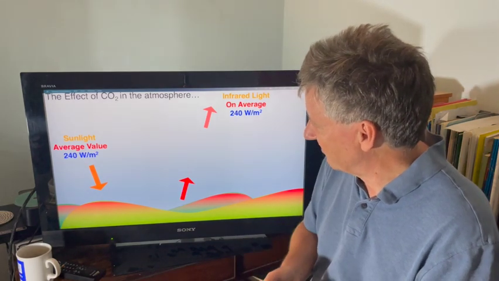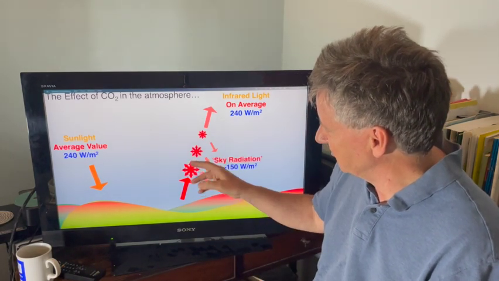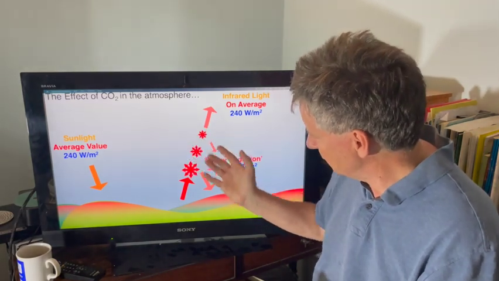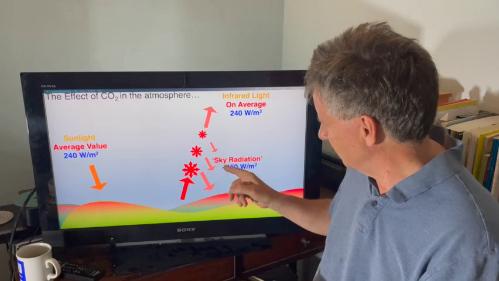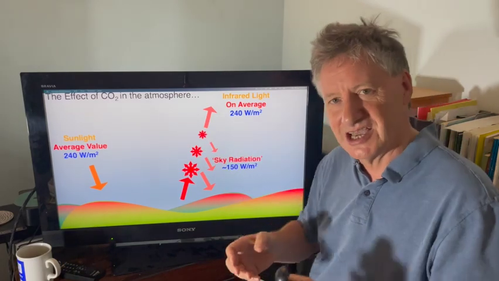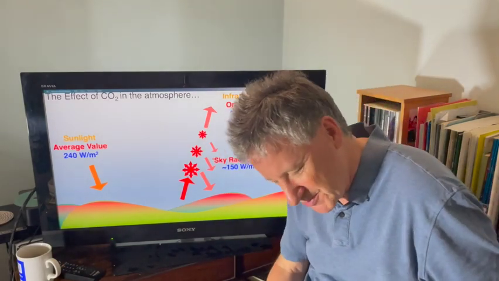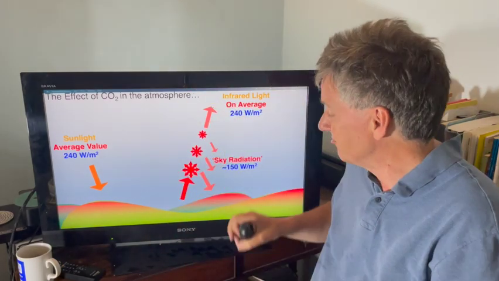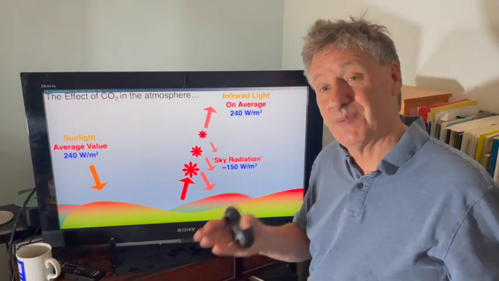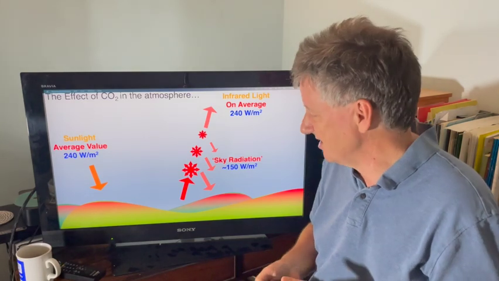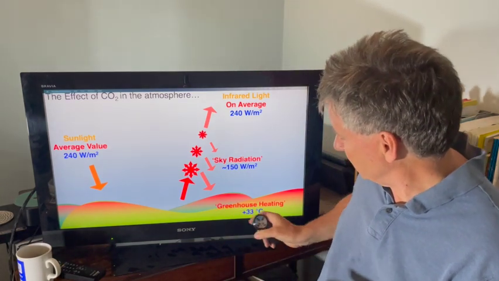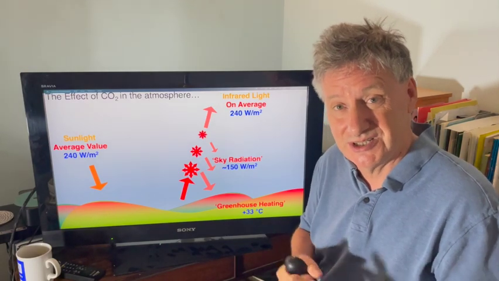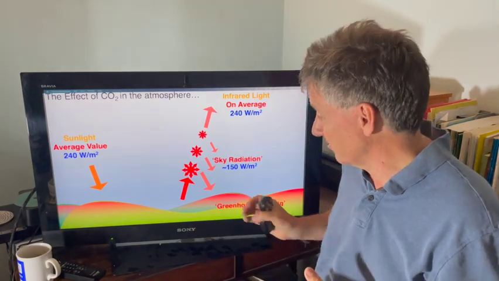But thankfully we have an atmosphere, and it's filled with carbon dioxide and water vapor, and they re-radiate. One famous scientist called this sky radiation. So some of the infrared light from the Earth gets re-radiated back, and that amounts to about 150 watts per square metre, and that provides what's called the greenhouse heating of the Earth, and that amounts to about 33 degrees Celsius, or it did historically.